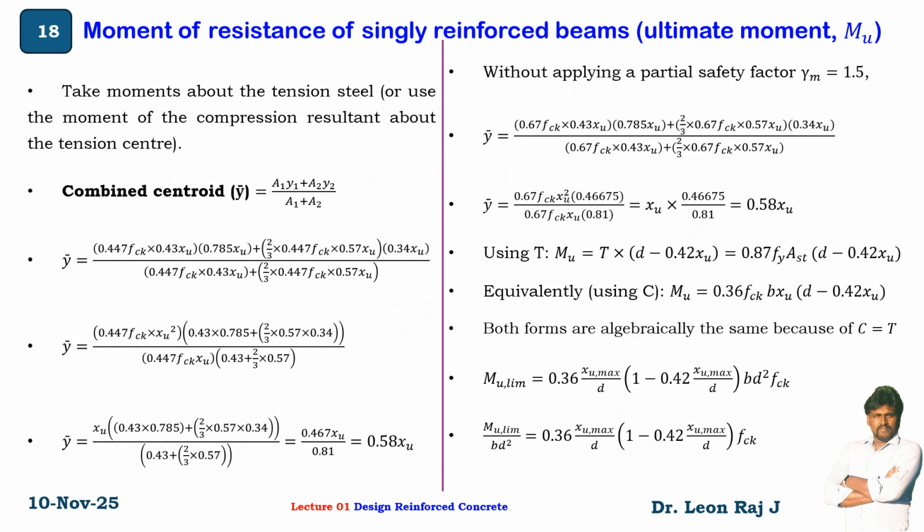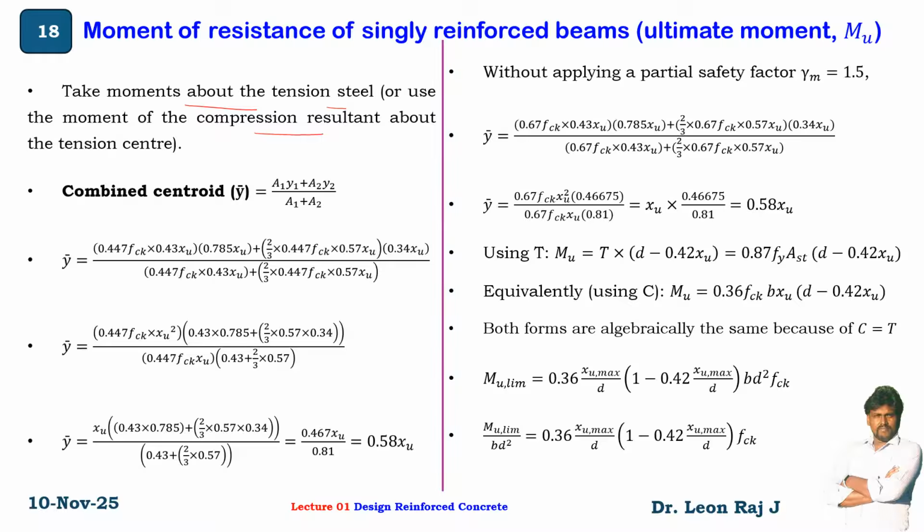Now we have to find the line of action of the forces C1 and C2. Combined C1 plus C2 is nothing but the force acting on the stress block. So where it acts. Take moments about the tension steel. We have to find the centroid.